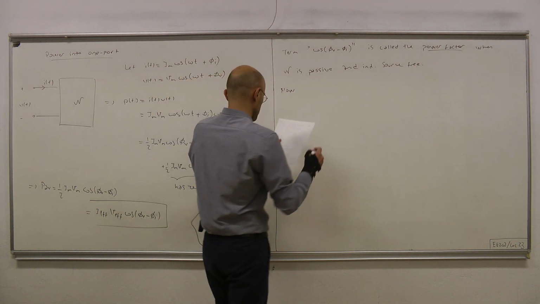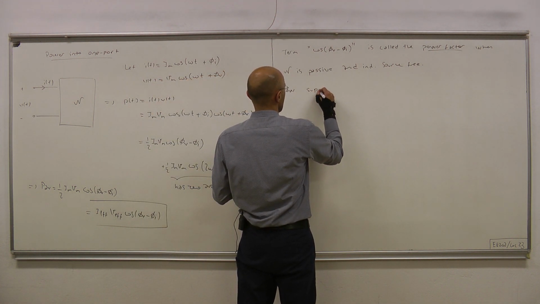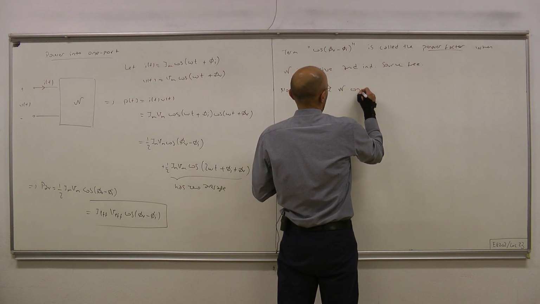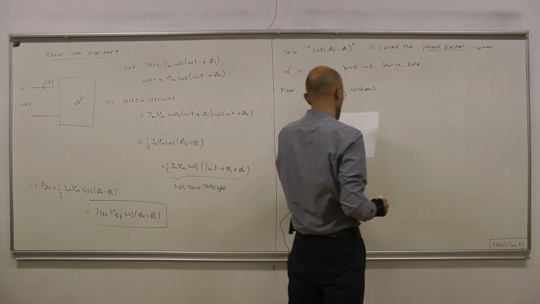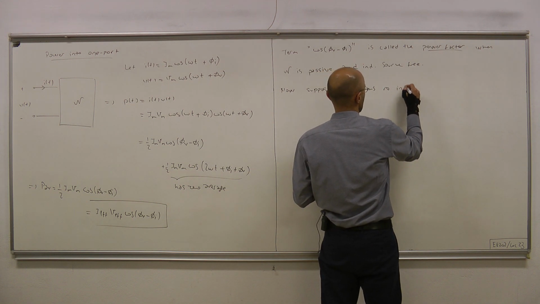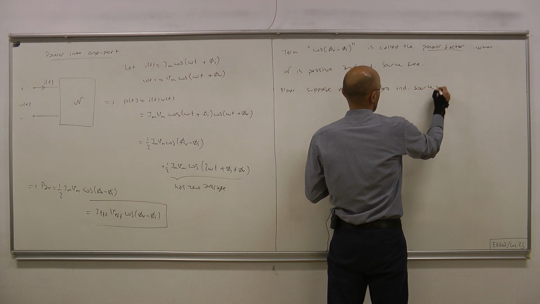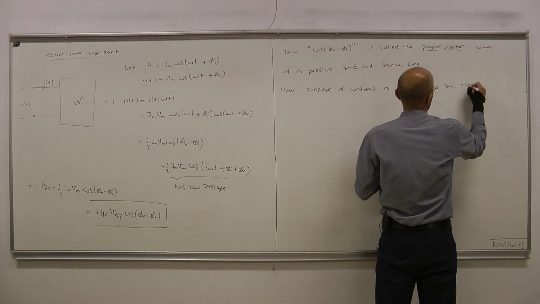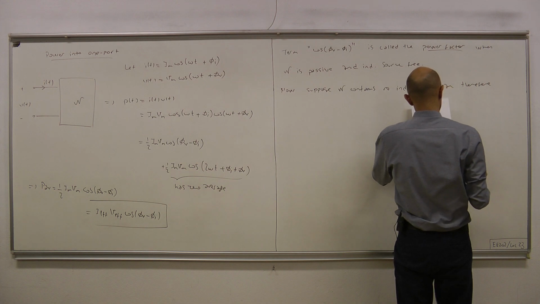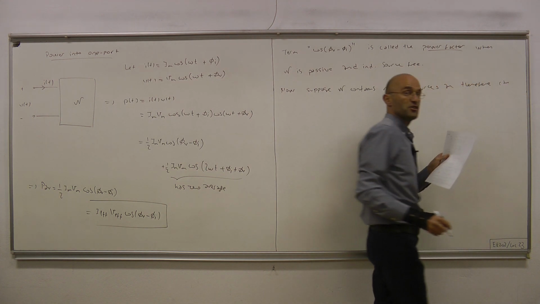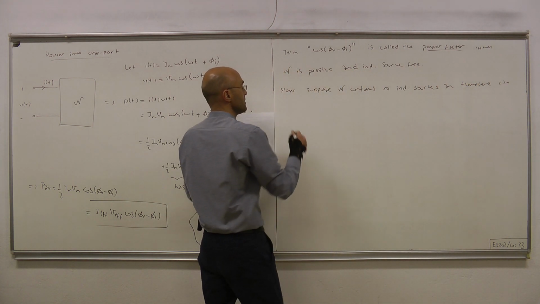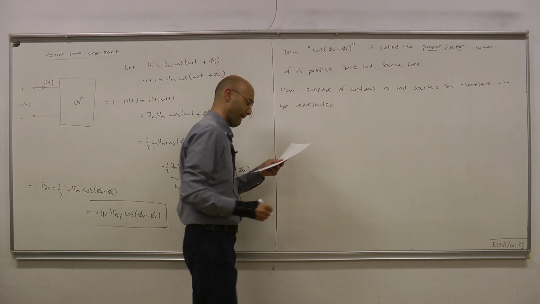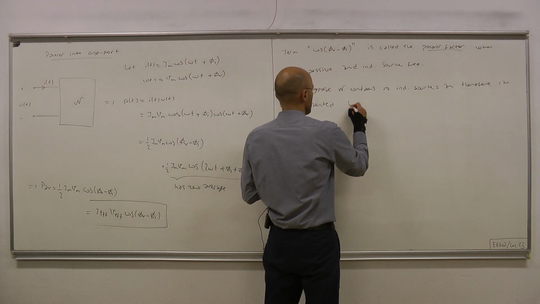Now, suppose N contains no independent sources, and therefore the phasor domain circuit can be represented by an impedance.